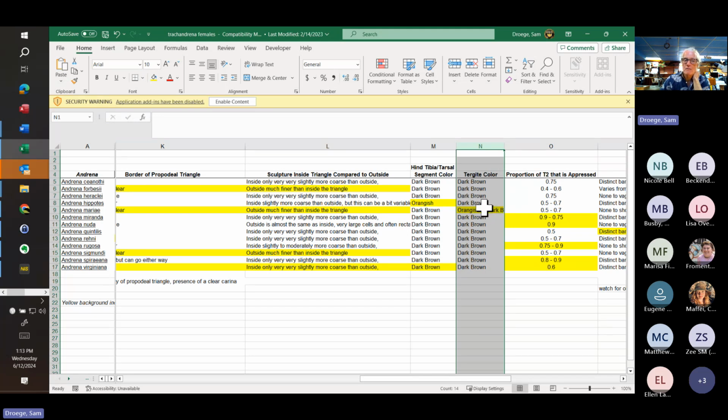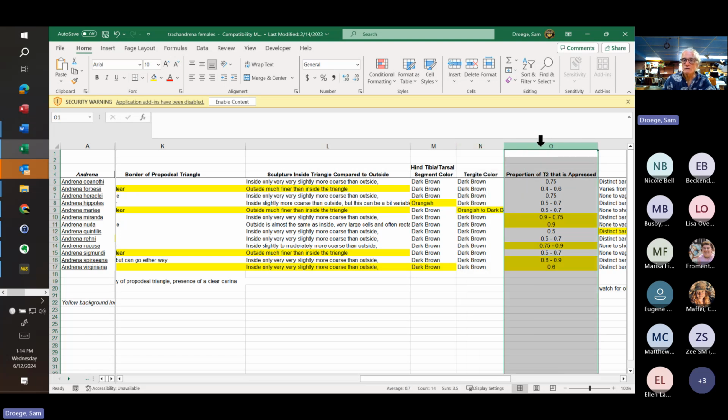So this is Marie, which is generally thought of as a willow specialist. And of course, sometimes it's orange. Those tend to be the more Midwestern and Western species. And sometimes it's dark brown. This is the version that we get. So useful if orange, not useful if not orange.